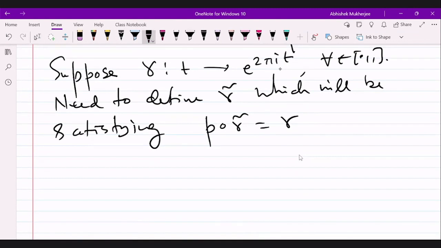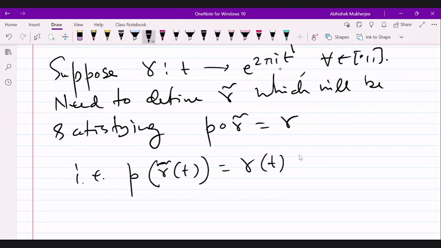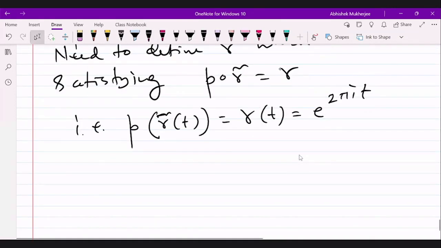So what does it mean? What is your p? It is gamma tilde t. This is gamma t. So what is gamma t? This is e to the power 2 pi i t, right? And this is e to the power 2 pi i gamma tilde t.